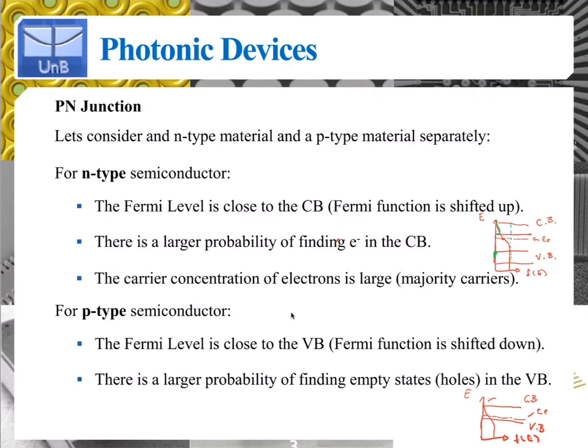So you have a small electron carrier concentration in the conduction band, but a large hole carrier concentration in the valence band due to the large difference between the Fermi function and f equal to 1 here. Okay, so you have an excess of holes, which are the majority carriers, and a small amount of electrons in a p-type semiconductor, whereas in an n-type semiconductor you have lots of electrons and a small concentration of holes.